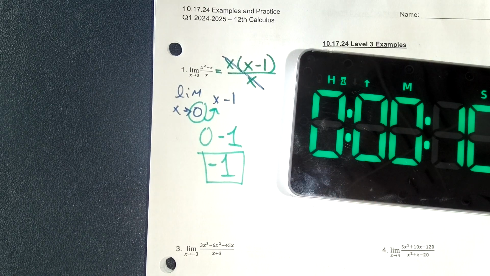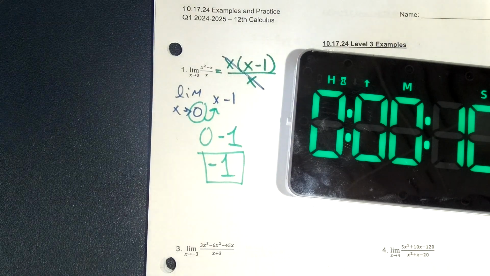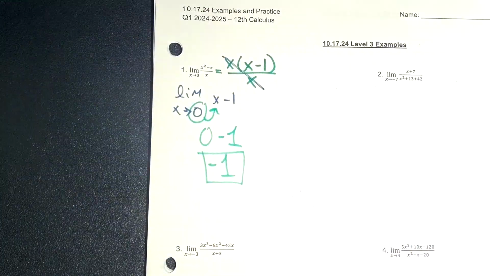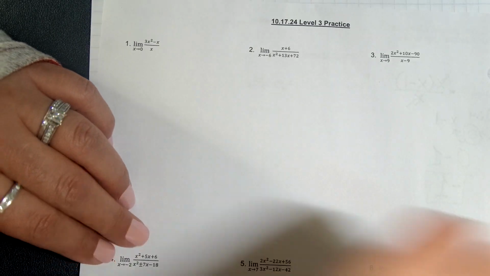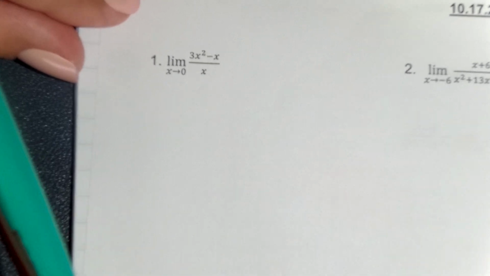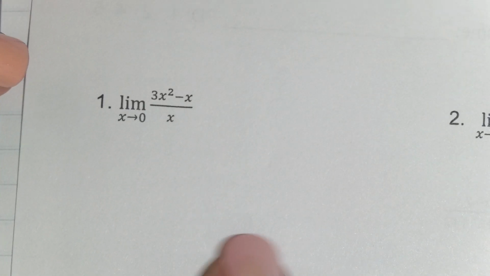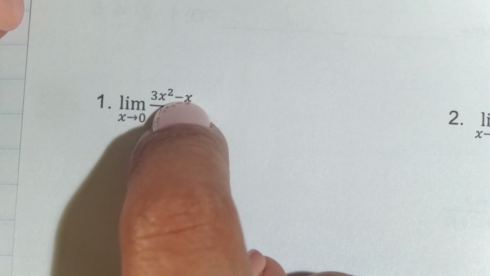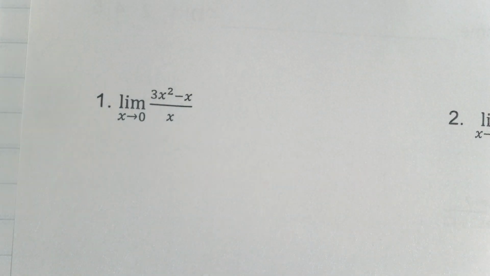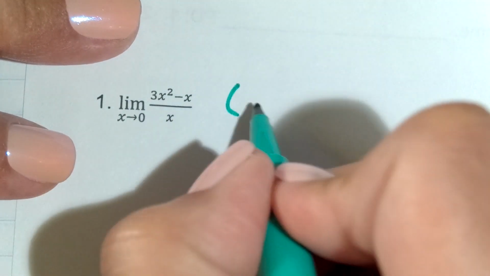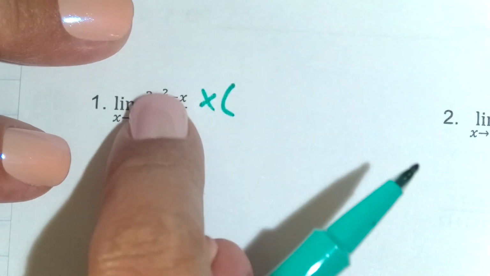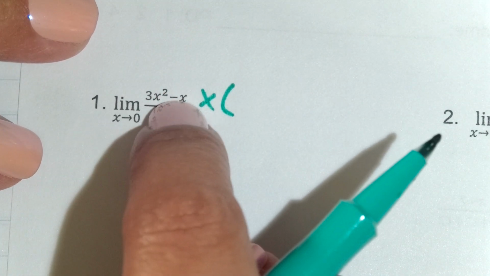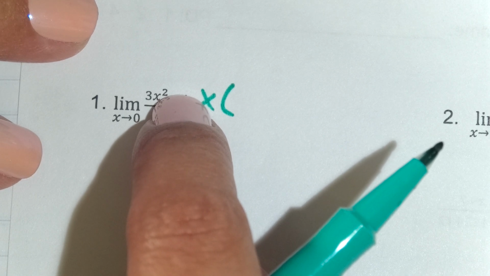All right, seniors. I need to address a common misconception that a lot of you are having. All of you notice that both of these have an x in common, so you factor out the x. But some of you are trying to factor out the 3.